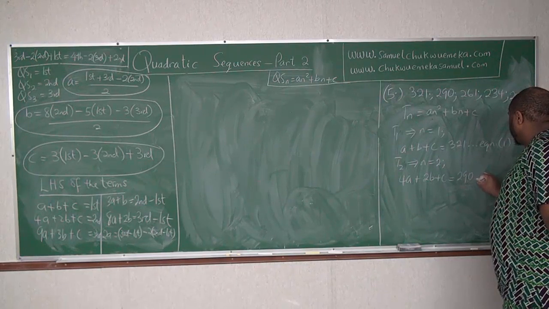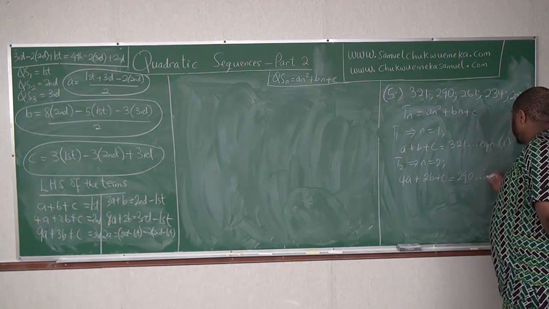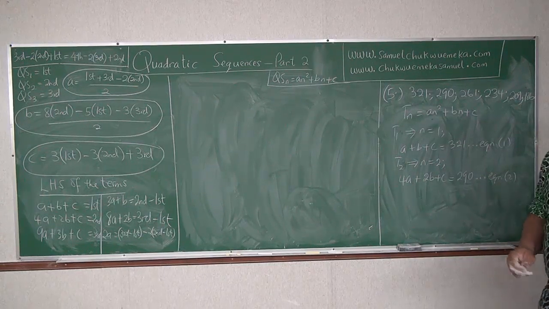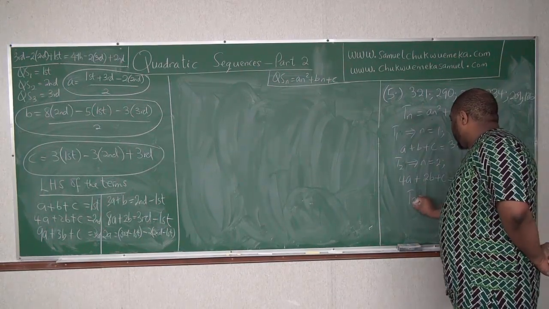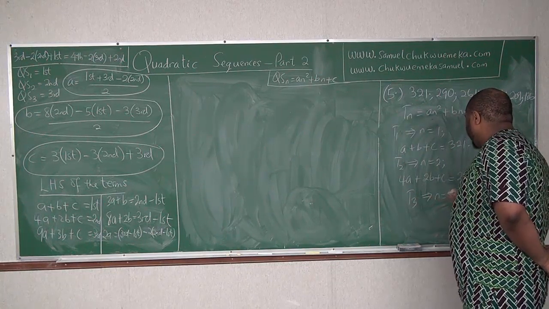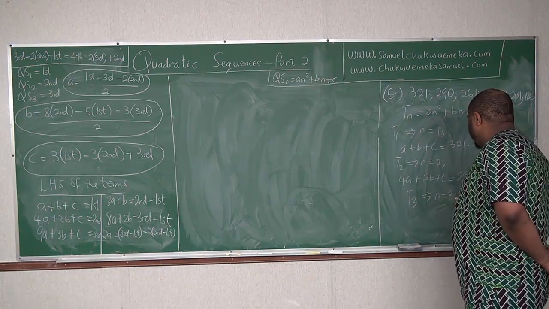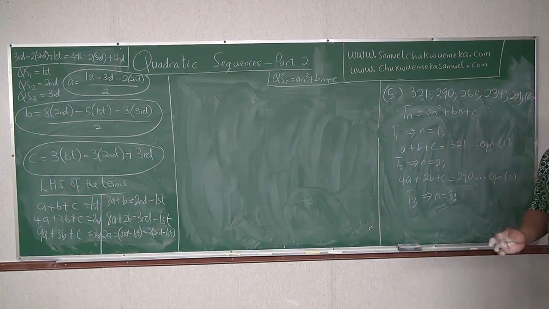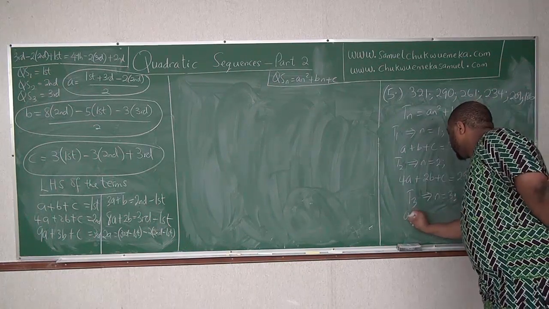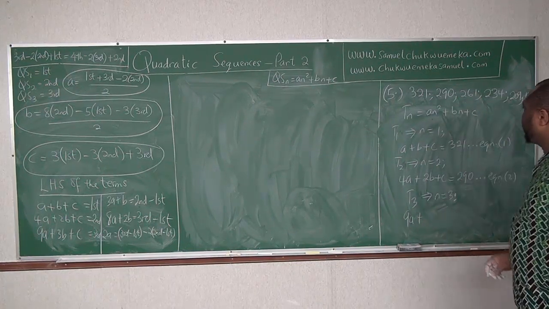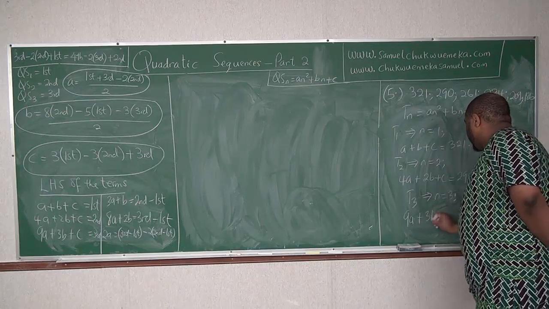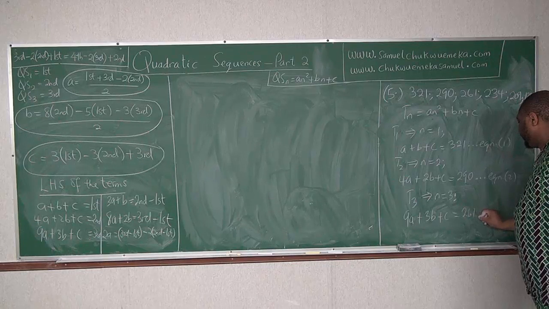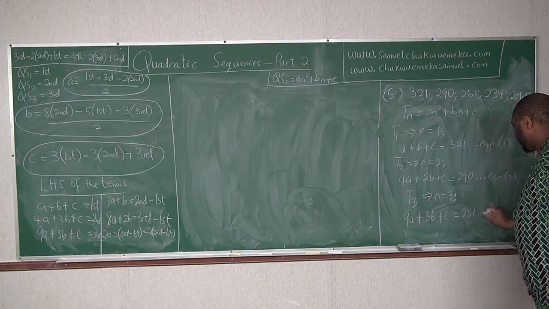Equation 2. T subscript 3 implies that n equal to 3. 3 squared is 9. 9a plus 3b plus c equal to the third term, 261. Call this equation 3.